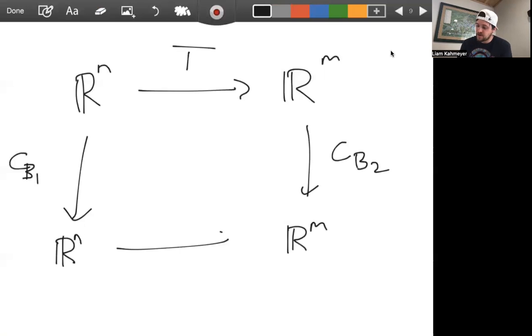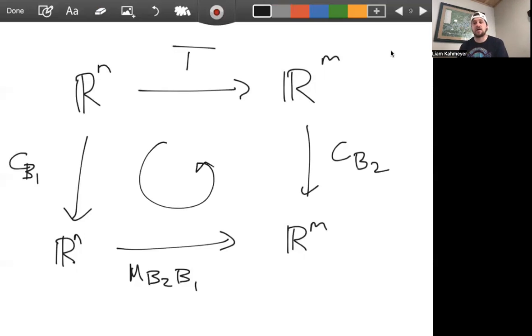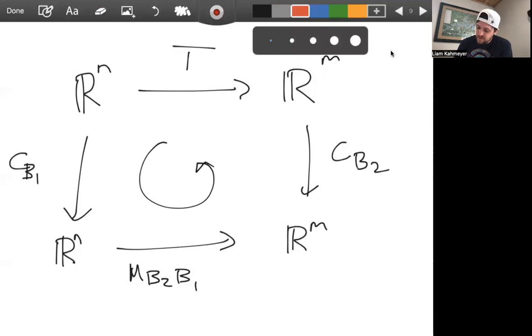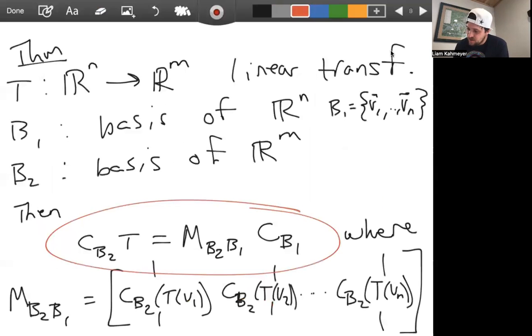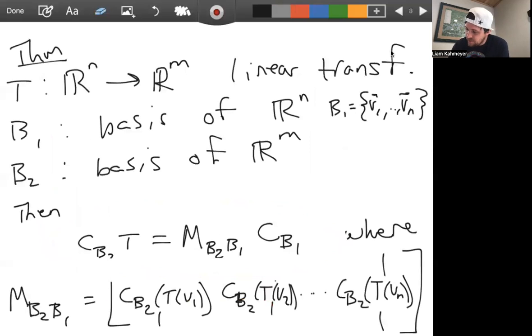But then we also have this matrix MB2B1, right? This is a unique m by n matrix. So we can think of m by n matrices as transformations that take Rn to Rm. And what we're claiming is that this square commutes, meaning if you first go CB1 followed by MB2B1, which is what we have on the left here, that is exactly this composition.